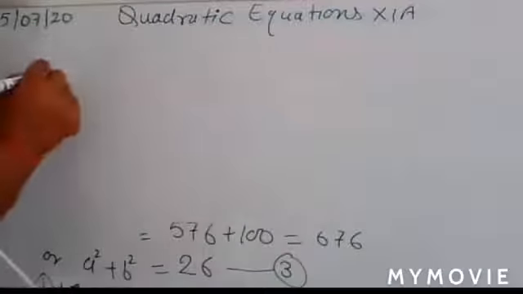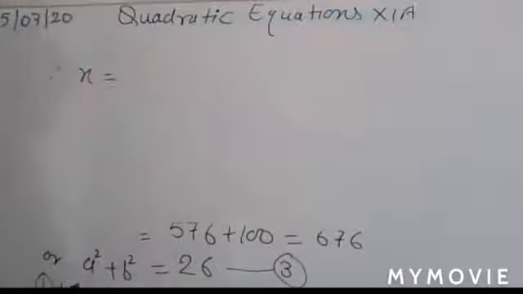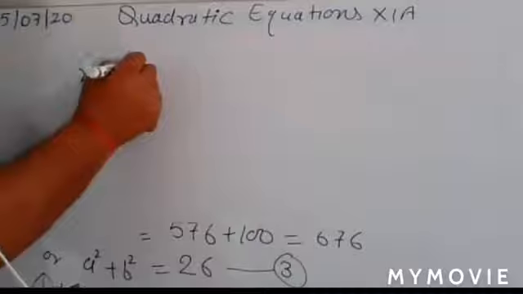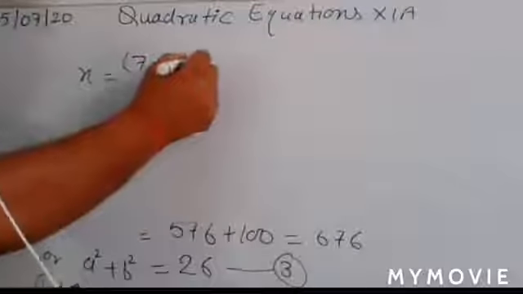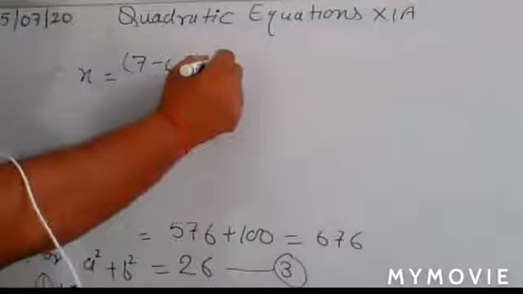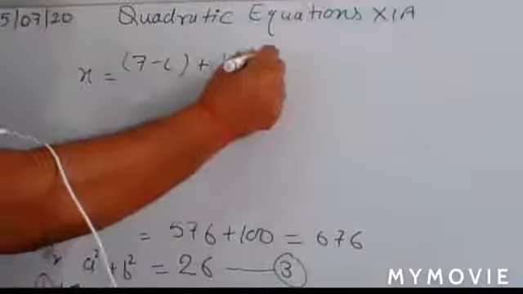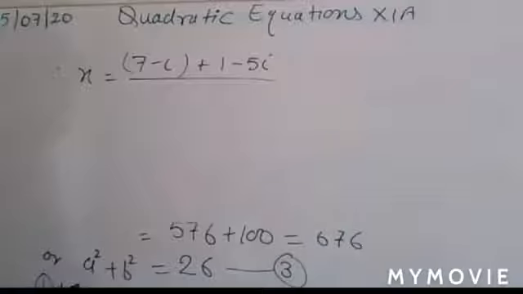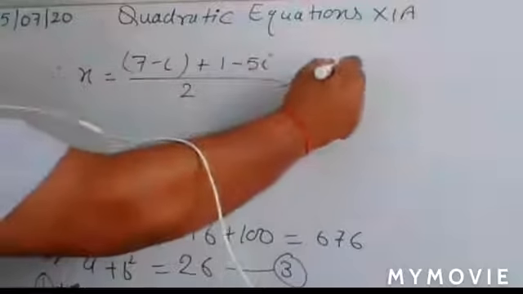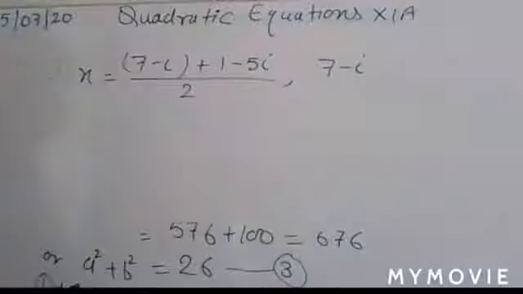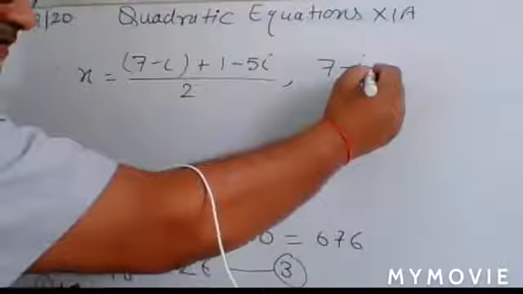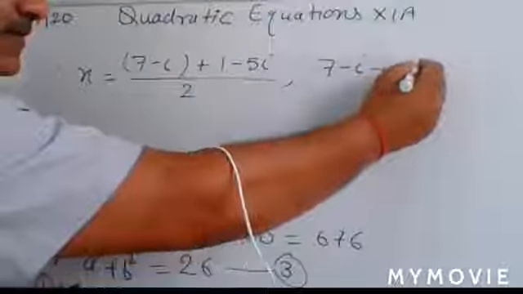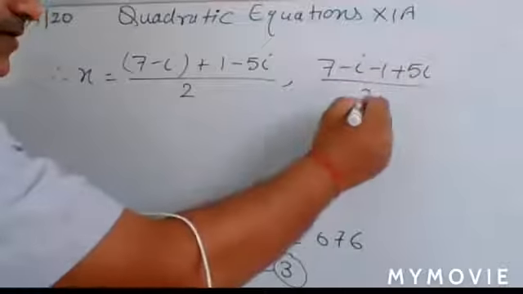The value of x can be written as 7 minus i plus 1 minus 5i, the whole divided by 2, and the second value is 7 minus i plus minus 1 plus 5i, the whole divided by 2.